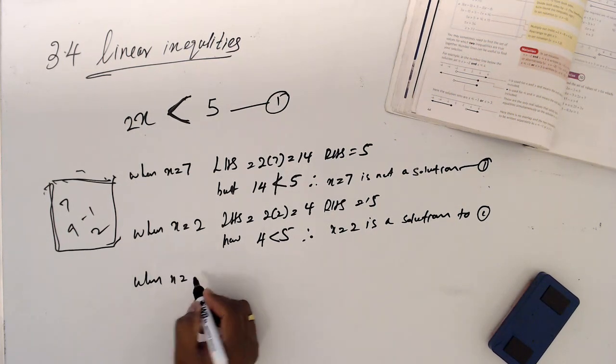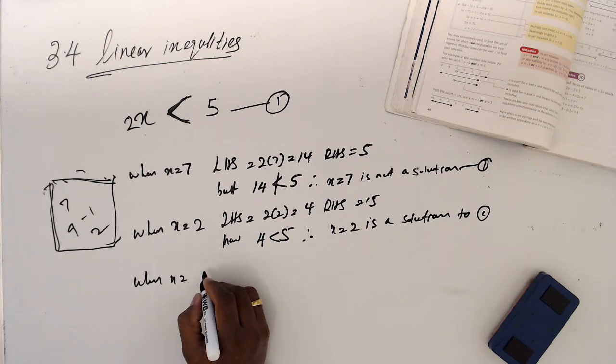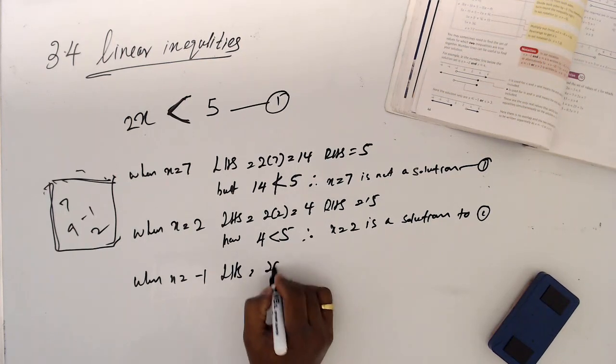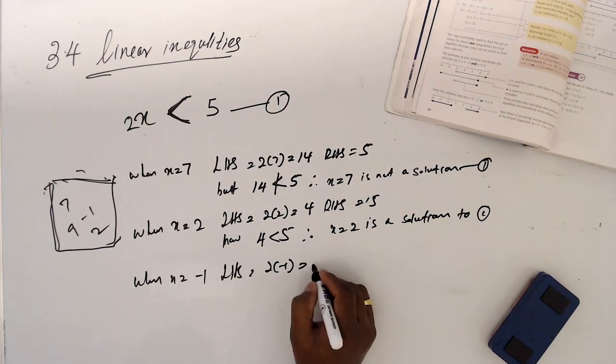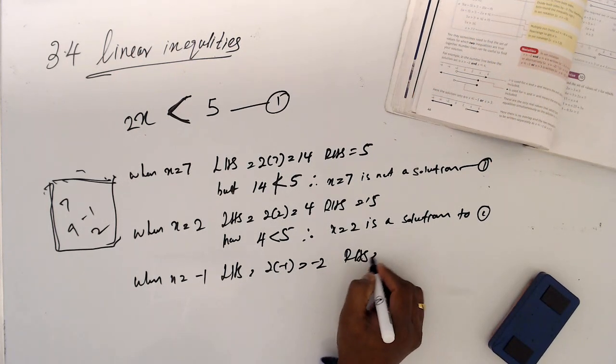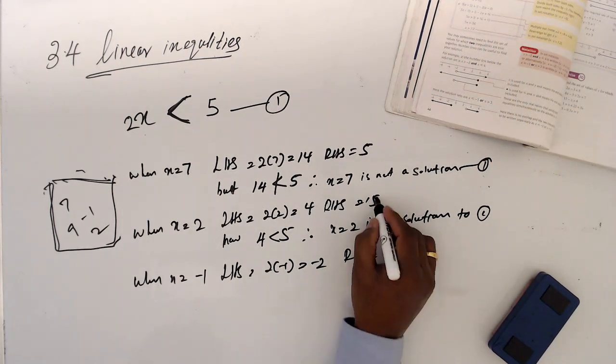I'll take one more. When x equals minus 1, LHS equals 2 times minus 1 equals minus 2. RHS equals 5.